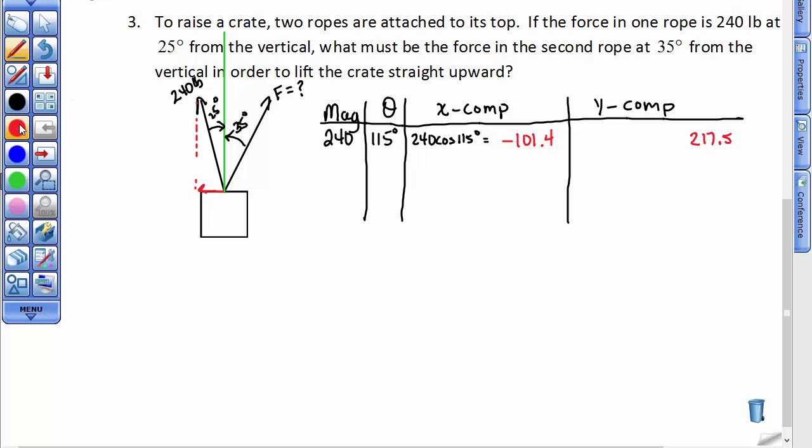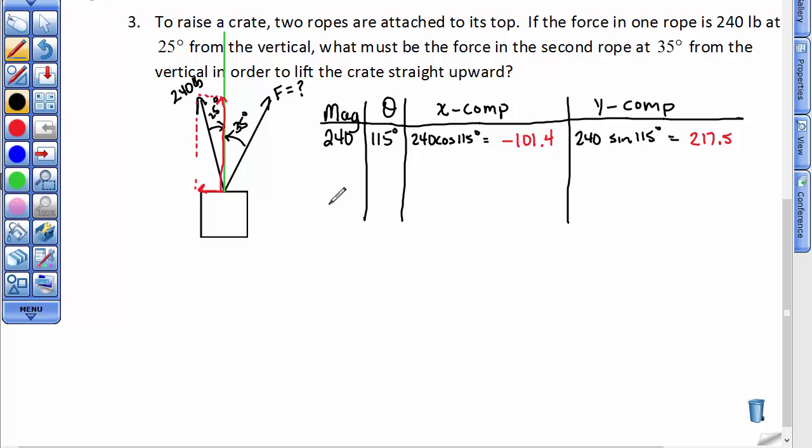I think I'm just going to remind you that that's this piece of this 240-pound force. Again, to get that, I took 240 times the sine of 115 degrees. In the second quadrant, which is 115 degrees, I would expect x to be negative and y to be positive.